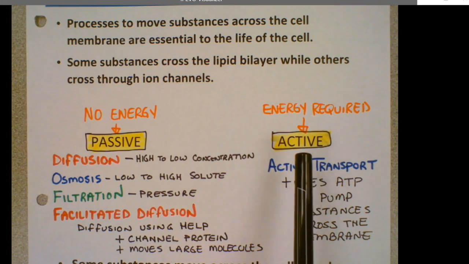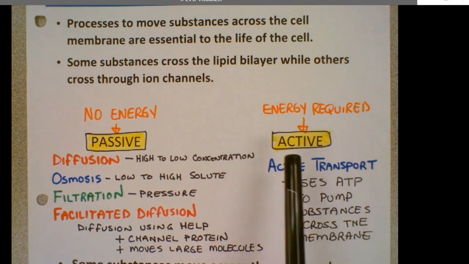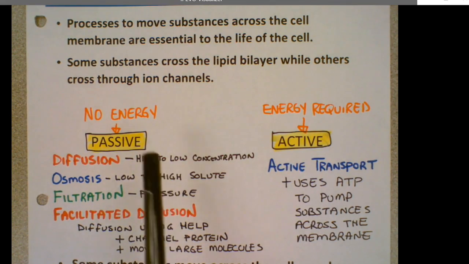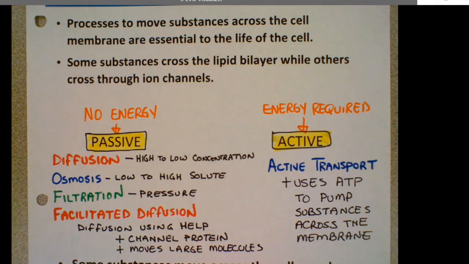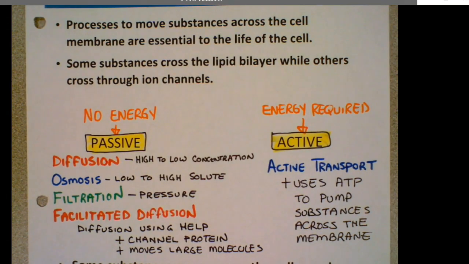Or we can move things actively through active transport, and if we do that, this requires energy to do this. Let's focus first on this passive transport that doesn't require any energy. Now, you may have heard of some of these terms. These are just ways that we can move a product through the membrane.